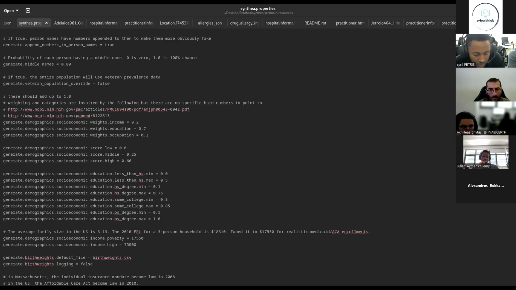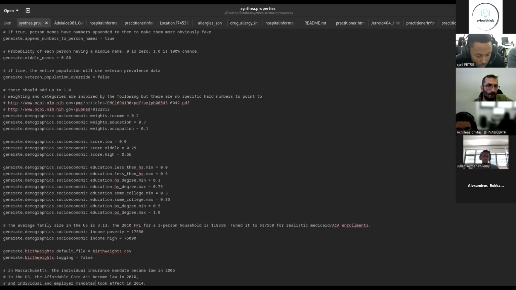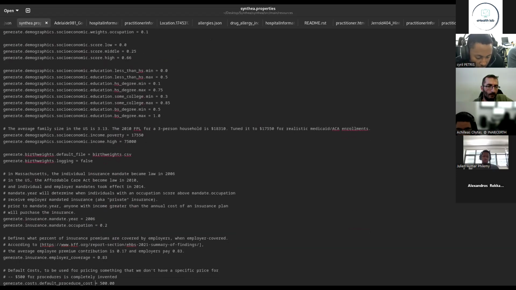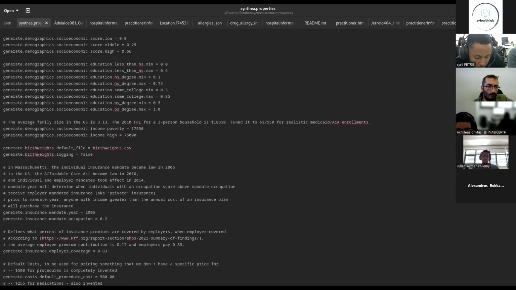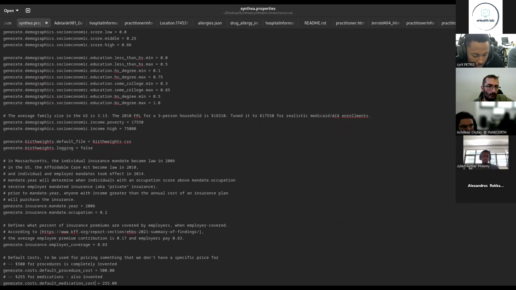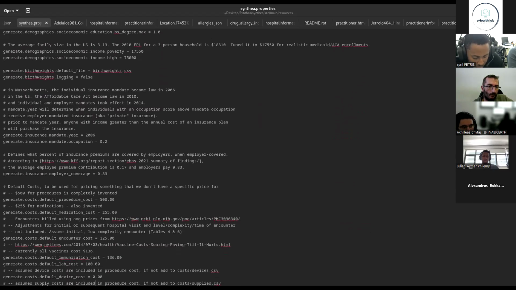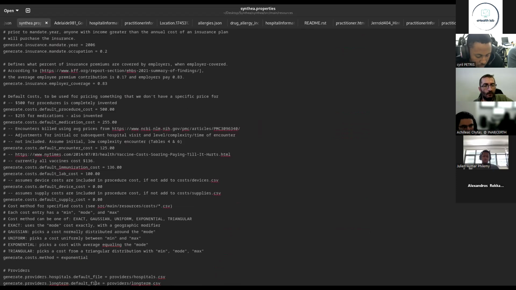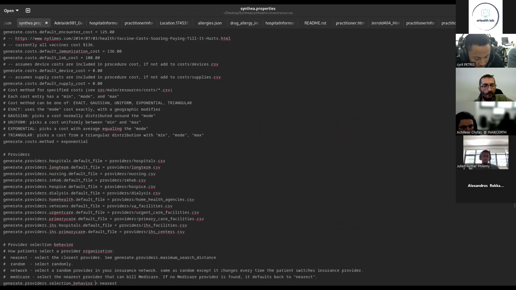For example, here the education is really important, the income is less important, but you can play around with those parameters. Also, there is a parameter for the birth date. You can select a specific birthday for your patient, and many more parameters. I don't know if you have questions about this.